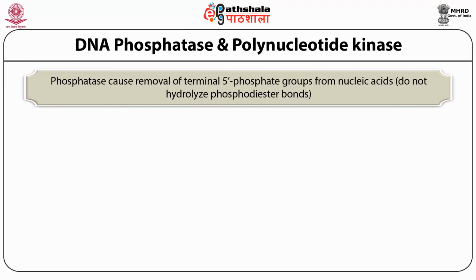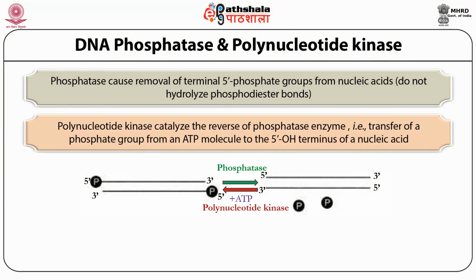Remember, they do not hydrolyze phosphodiester bonds, rather they just remove the terminal 5' phosphate groups, while polynucleotide kinase enzymes catalyze the reverse of the phosphatase reaction. What they do is transfer a phosphate group from an ATP molecule to the 5' hydroxyl terminus of a nucleic acid, causing phosphorylation of the 5' end.